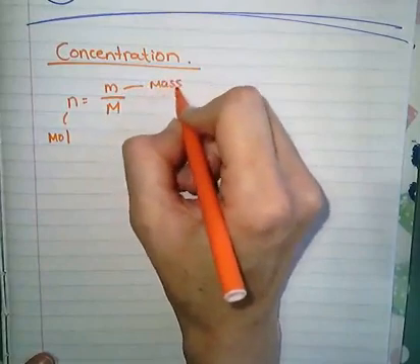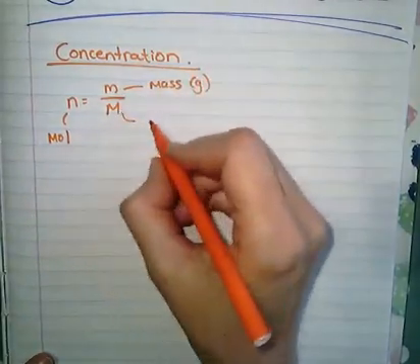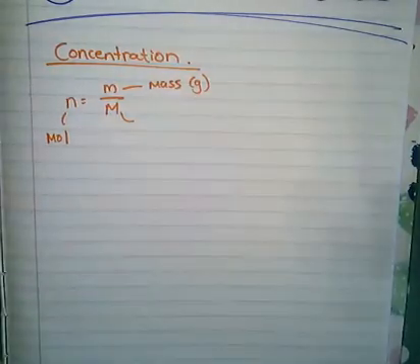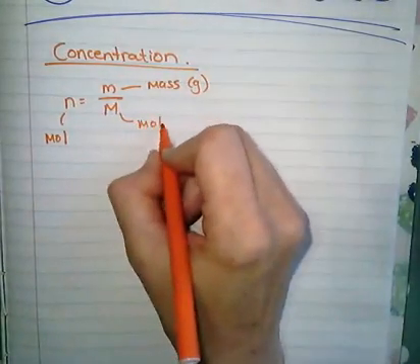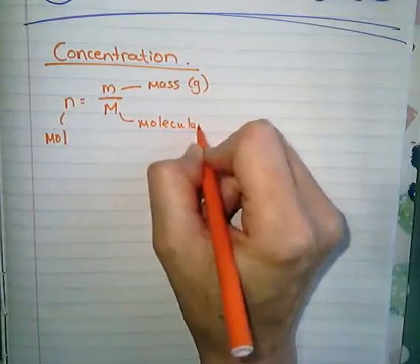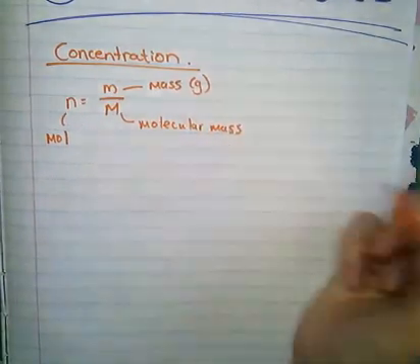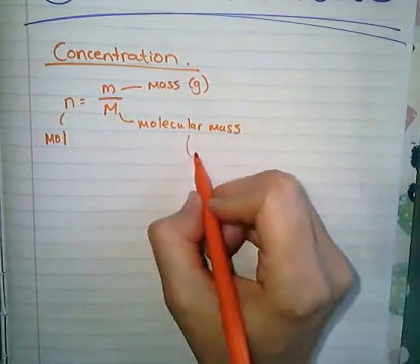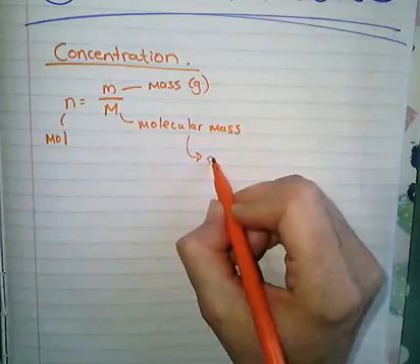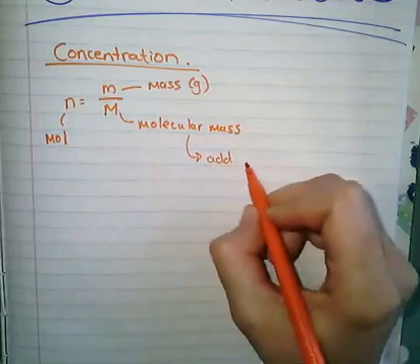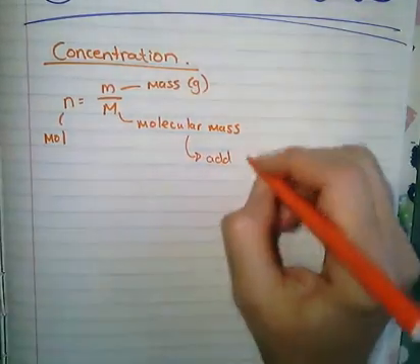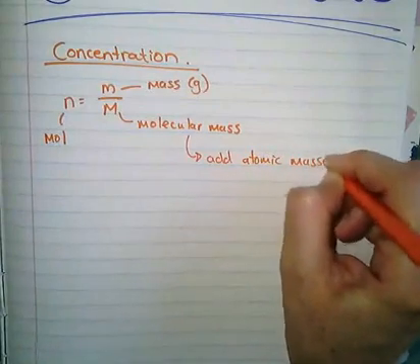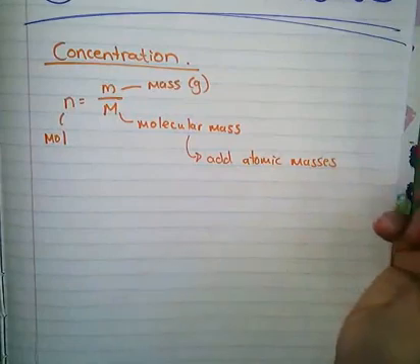of a compound. So for the molecular mass, what we do is we add the atomic masses of the individual elements. Okay. So, for example, let's say we need to calculate the molecular mass of H2SO4.